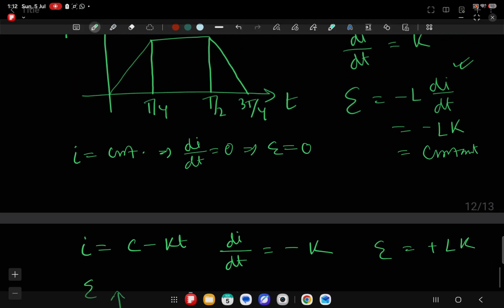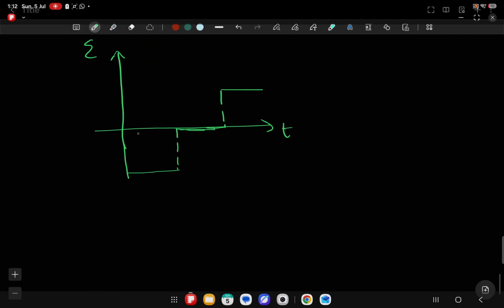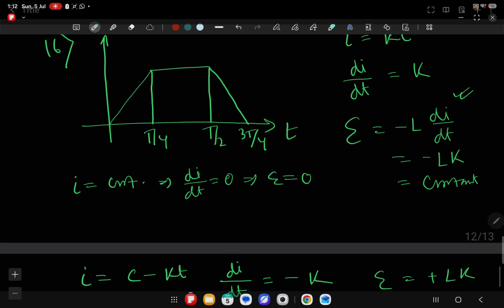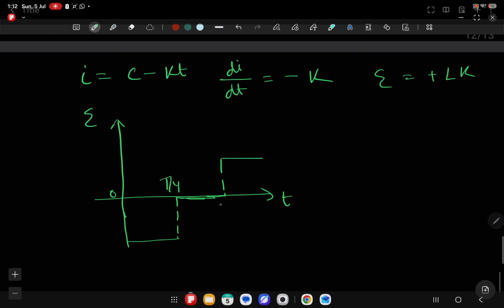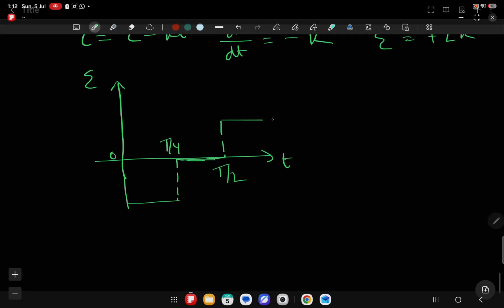So it is for 0 to T by 4, then T by 4 to T by 2, then from T by 2 to 3T by 4. Okay, clear? So the graph will be like this.